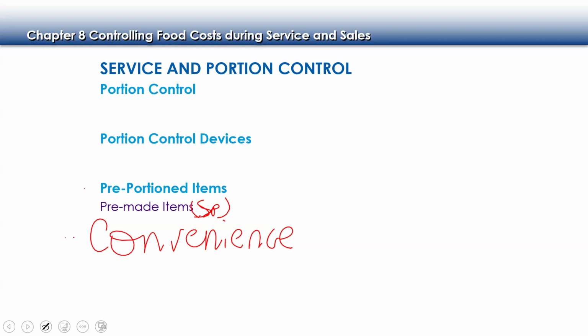I don't have to pay someone that can replicate this cheesecake all this time, right? I don't have to pay someone that can make hot dog buns from scratch and make them the same every single time. So those convenience items can also help us in our production, but they often do cost a little bit more.